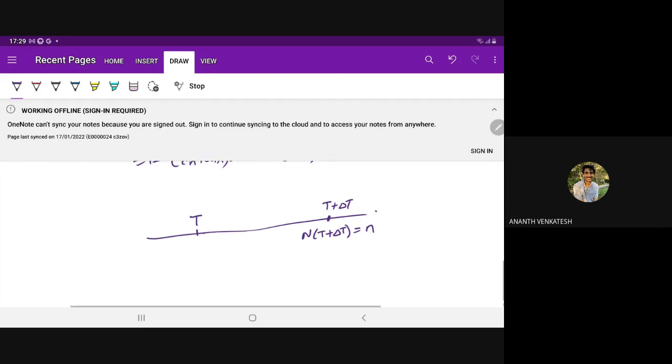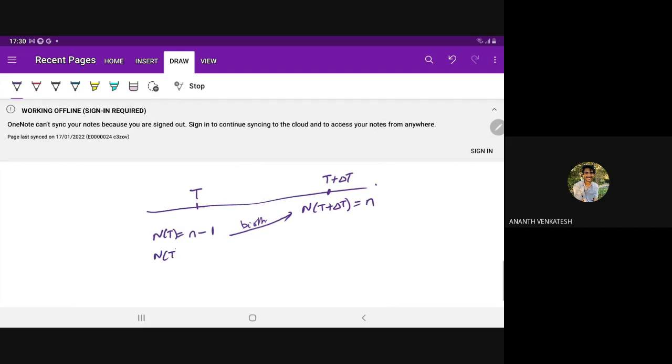If nt is equal to n minus 1, then for nt plus delta t, there must be one birth.